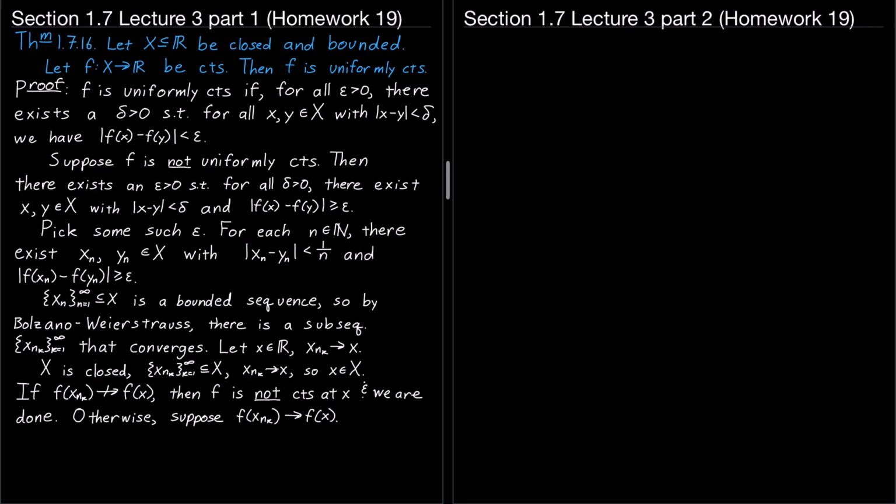So let's start with the first thing. |y_{n_k} minus x|, our target point x. By the triangle inequality, that's at most |y_{n_k} minus x_{n_k}| plus |x_{n_k} minus x|. Then |y_{n_k} minus x_{n_k}| is at most 1 over n_k.